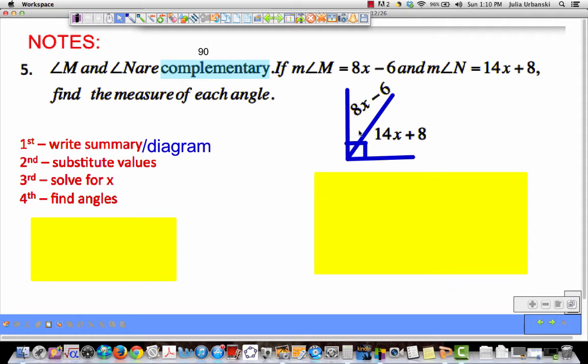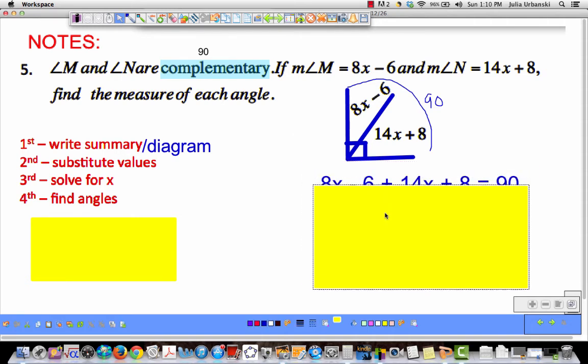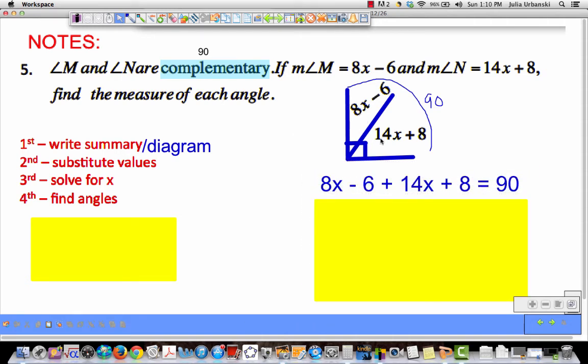You add these two smaller angles together, and you get the bigger angle, which of course, since they're complementary, means that they add up to 90. So what we're going to do is look at that diagram and make an equation out of it. 8x minus 6 plus 14x plus 8. You add the two smaller inside angles together, and you should have a total of 90 degrees.